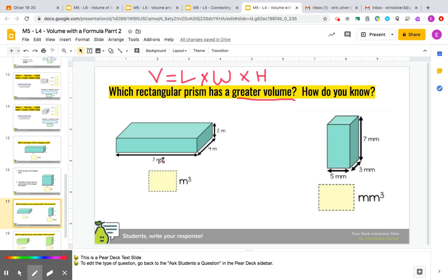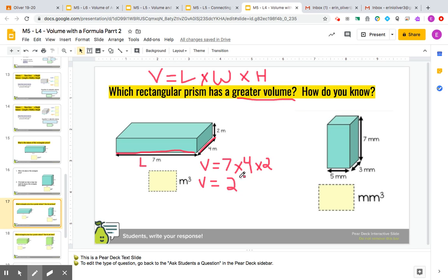So let's calculate that volume for each of these rectangles. Okay. My length is always this first. It's always the front side. So we have 7. Okay. My width is always how far back it goes, so 4. And my height is how tall it is, 2. I know 7 times 4 is 28. And then I'm going to multiply by 2.